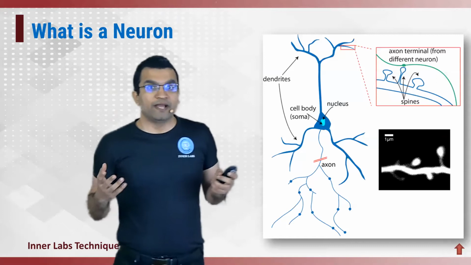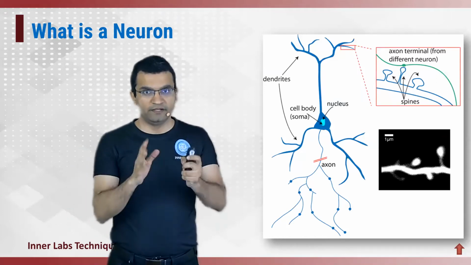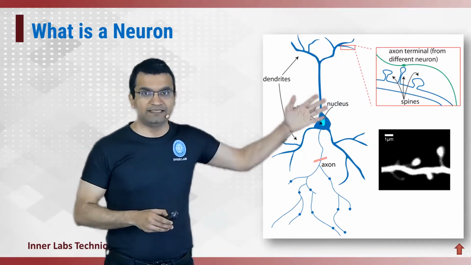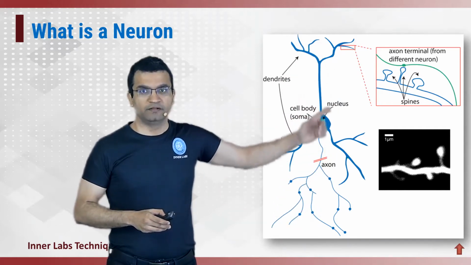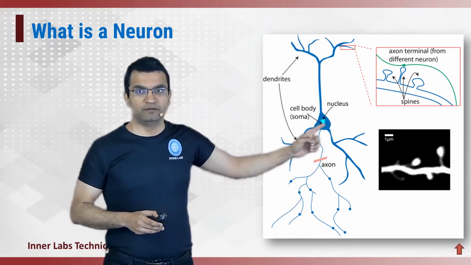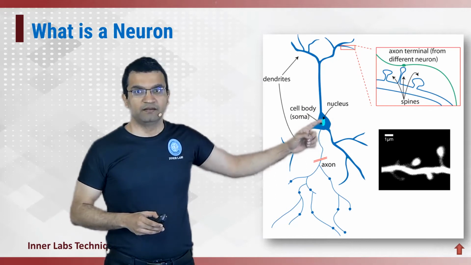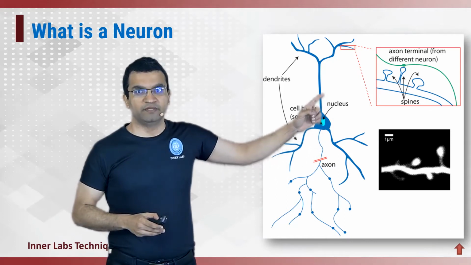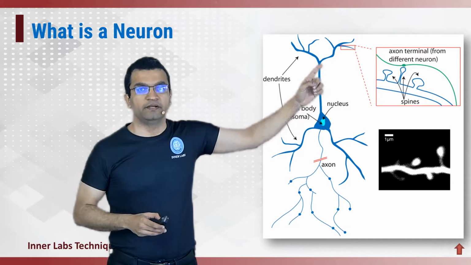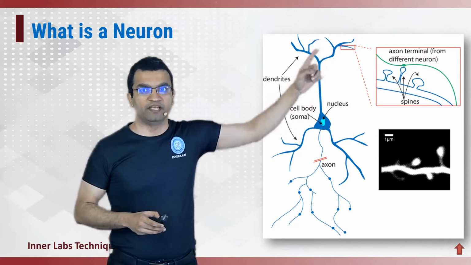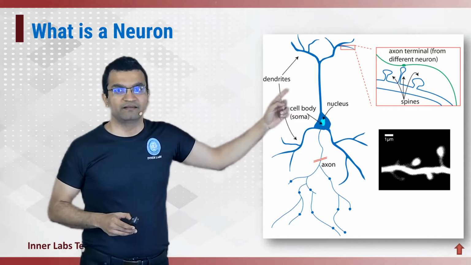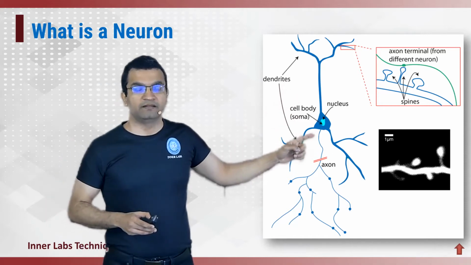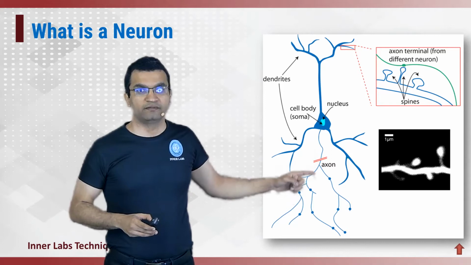So now let's look at a neuron in detail. That's a neuron. This is the main neuron cell. It has a nice big stem. It divides into many tentacles called dendrites. And there are things called axons.